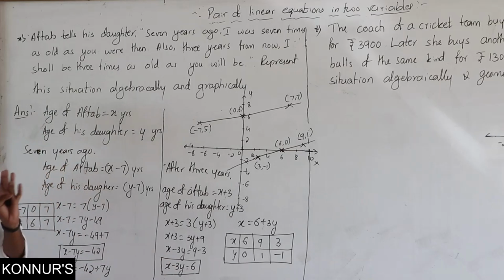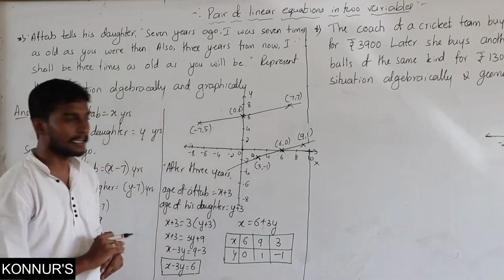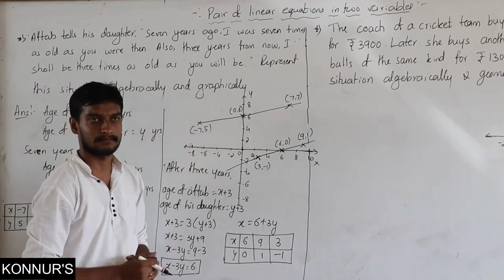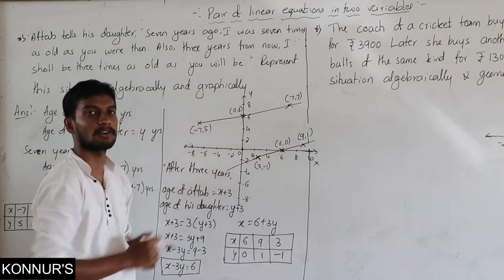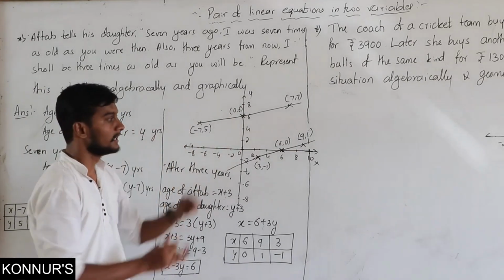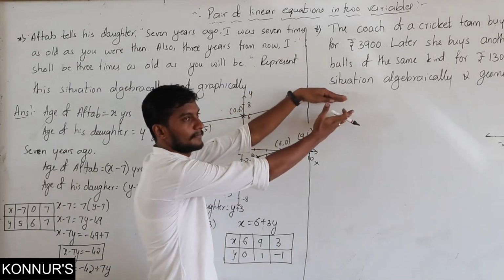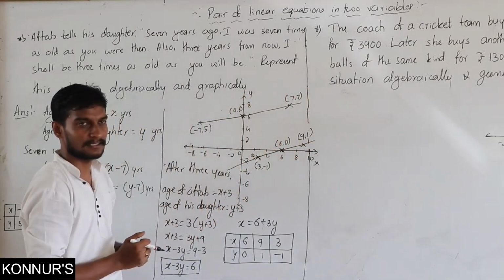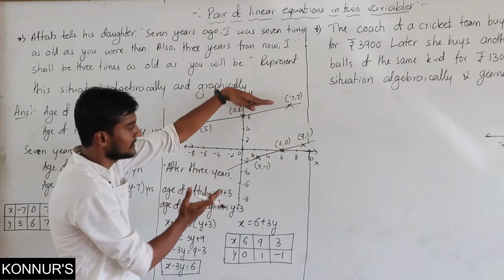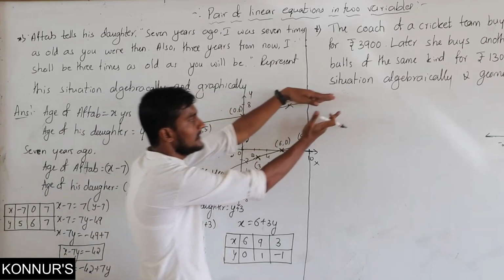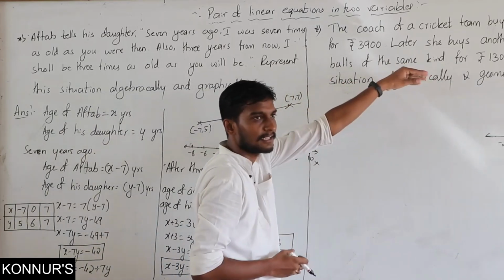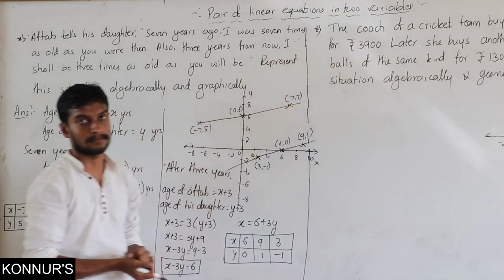A1 by a2 is not equal to b1 by b2. If they are not equal, how are the lines? The two lines will intersect. Here they have not intersected, if you observe the graph. But if you extend these lines, they are not parallel lines. See here, this line is like this and this line is like this. If you extend them, they will intersect each other.